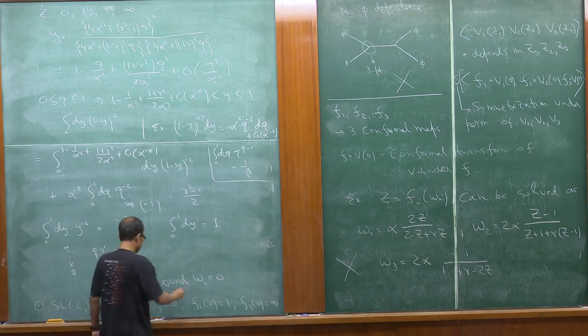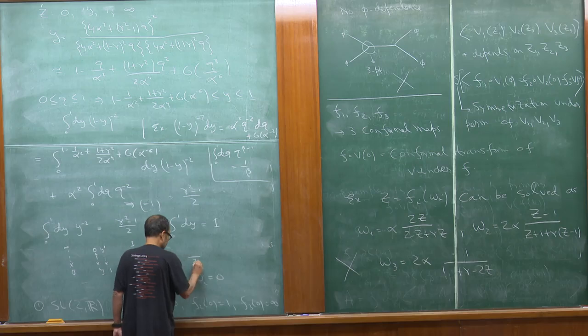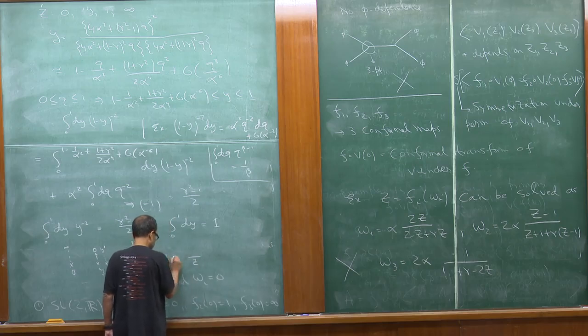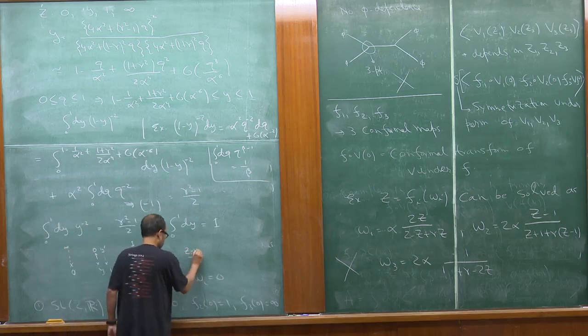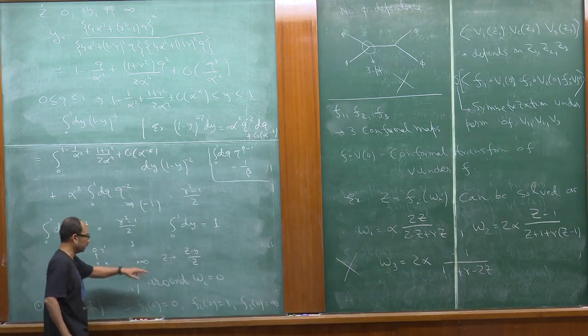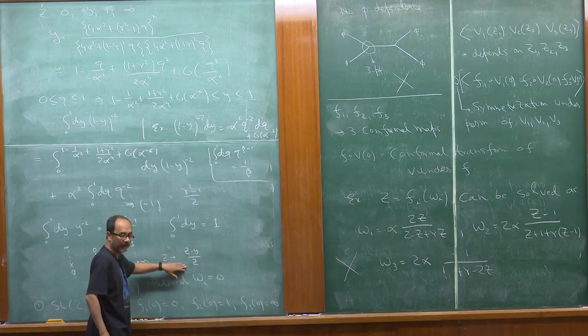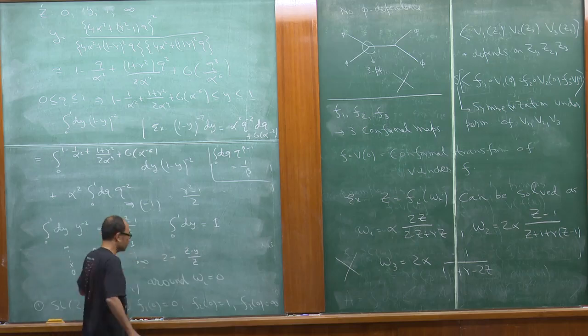If you want me to do this, 0 should go to infinity, so that should be a z in the denominator. Then y should go to 0, so that should be a z minus y. And then infinity should go to 1, so this is the SL2R map, right. This takes 0 to infinity, y goes to 0, and infinity goes to 1.